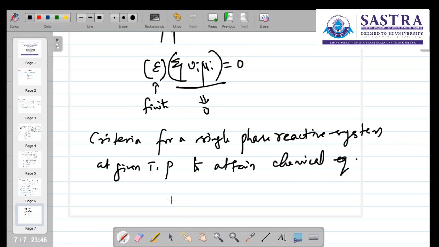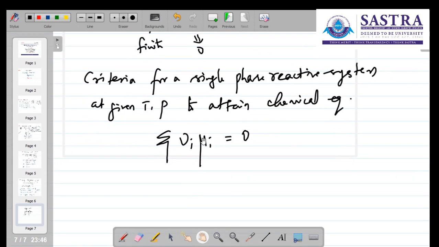It is given by the summation of the signed stoichiometric coefficient times the chemical potential of all the components being equal to 0, which can also be written as the summation of the signed stoichiometric coefficient times the partial molar Gibbs energy of all the components being equal to 0.